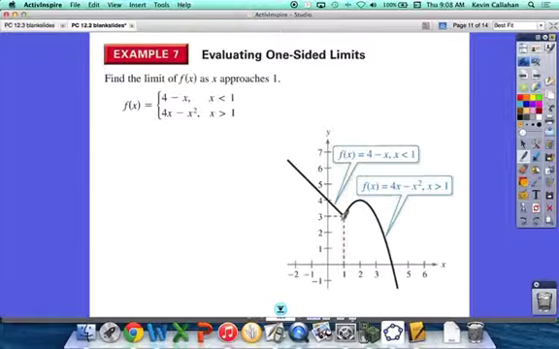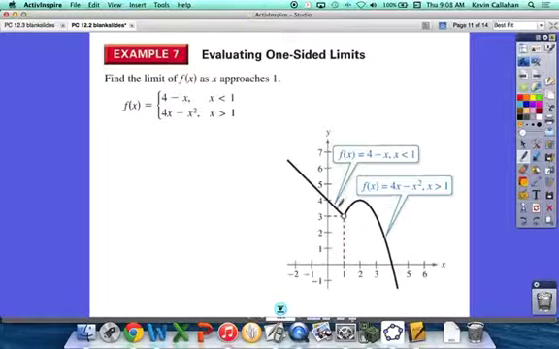Now, if I'm going to find the limit of f of x, if I'm finding the limit from the left, I'm following the line. Now it's not a straight horizontal line, where every y value is the same. It's changing, but we can see the trend.